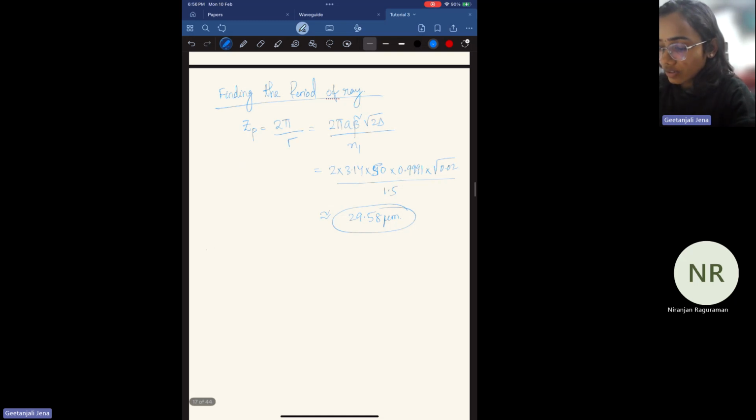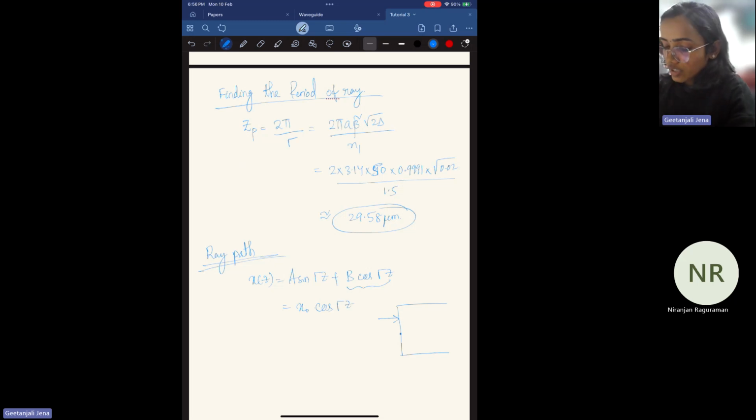And the third is about the ray path. What will be the ray path here? If we recall the general solution, it is A sine gamma z plus B cos gamma z. But when you incident light parallel to the axis at a non-axial point, as we saw in the third question, only this part defines the ray path, and it is x0 cos gamma z.